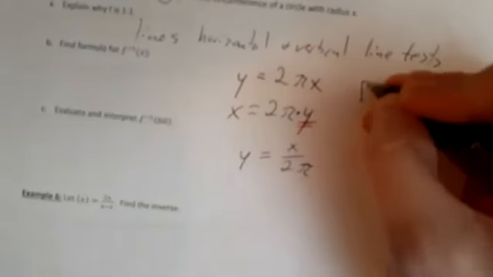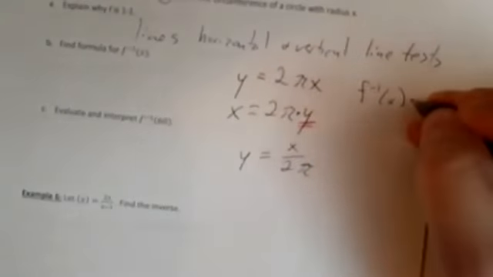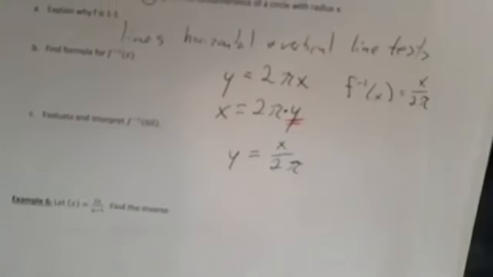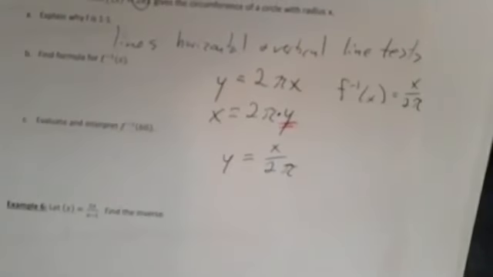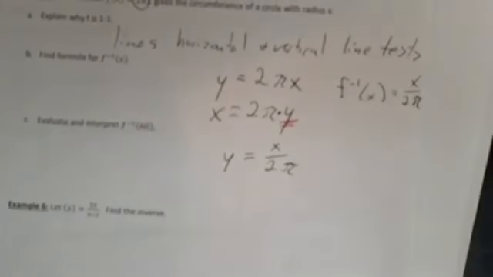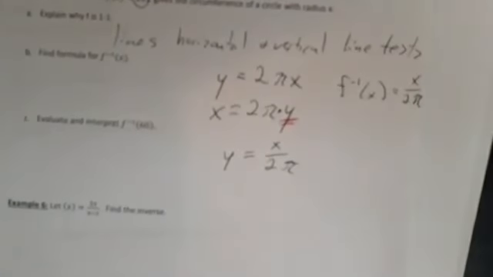One last thing, I want to put this back into function notation. So my inverse function is equal to x divided by 2 pi. Okay, so that's part B.